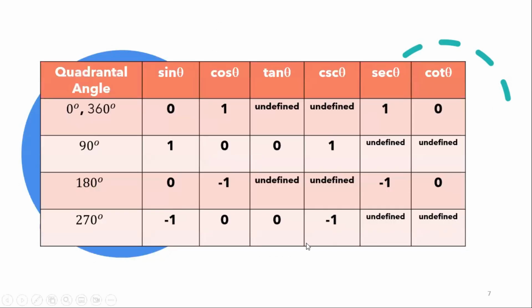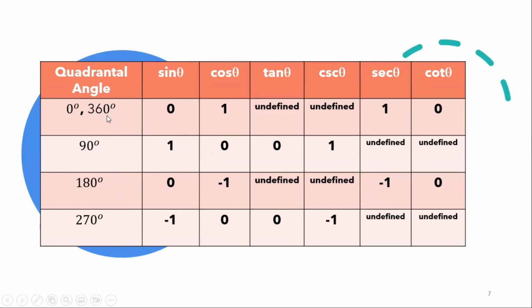So here we have a summary. For the quadrantal angles, we have 0 for one full revolution. We have 0, 360, 90, 180, and 270. These angles are in degree measurement. For the radian measurement, this is 0 or 2 pi, pi over 2, pi, then 3 halves pi.